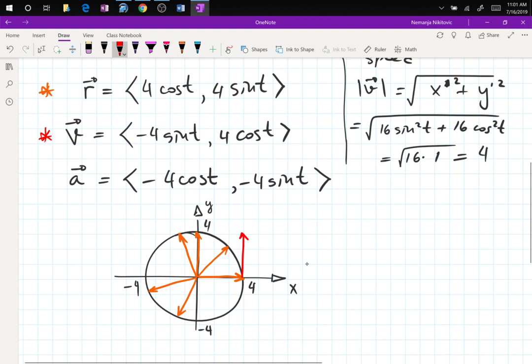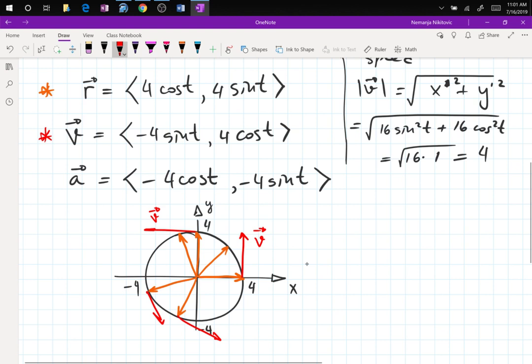Now, if you calculate and draw a vector at every single one of these, you see that these vectors are trying to spin the circle counterclockwise, which is why the orientation, when you have a cosine first and a sine second for your parametrization, is counterclockwise. So you see that these red velocity vectors are trying to spin the circle counterclockwise.